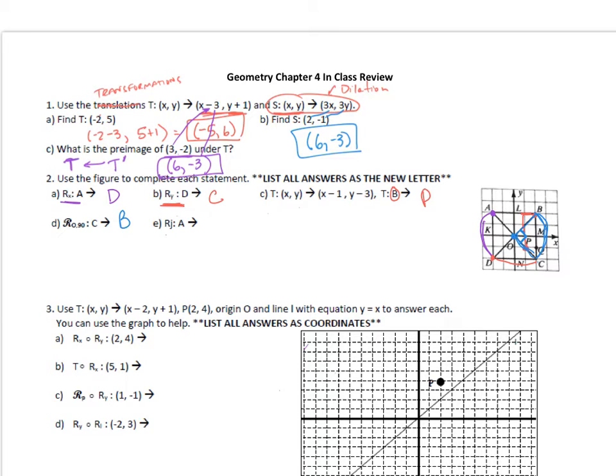And then we are going to reflect about J for part E. So for part E, I've got this line J. I have too much drawn in here, so you may not be able to see it well. That's my line, and I want to reflect point A about line J. From point A to J, I need to make it perpendicular, so I went over 2, down 2.